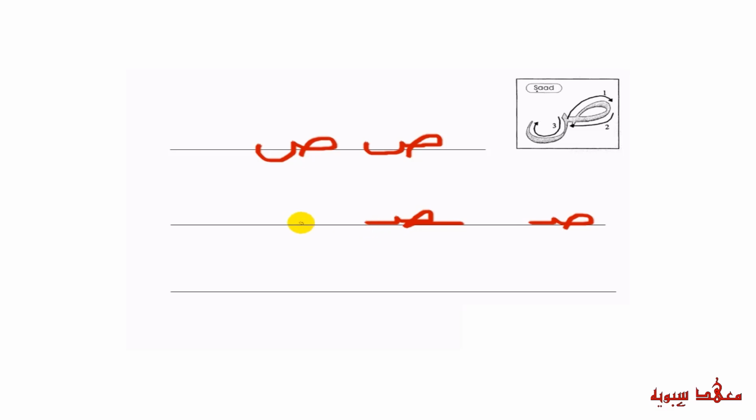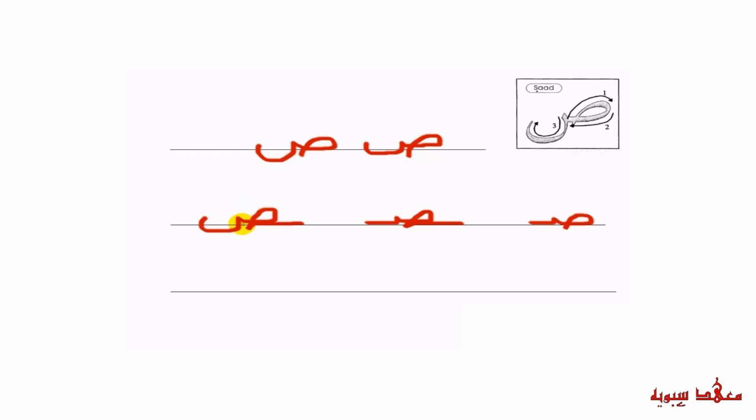And finally, the end form, which is as follows. So you have the letter, go a bit further down, come like that, and then go down a bit. So it goes more down, similar to the isolated form. Maybe this should go a bit further down like this.